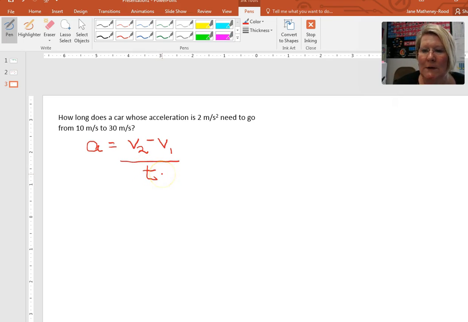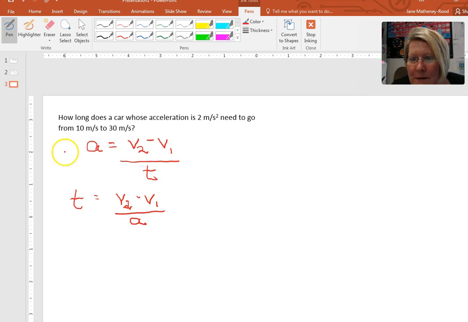Okay, so we need to rearrange this equation and solve for time. So let's just start by doing that. Okay, so I multiplied both sides by t to get rid of the t over here, and then I divided by a to get rid of the a on the left-hand side of the equation. All right, so let's fill these in.